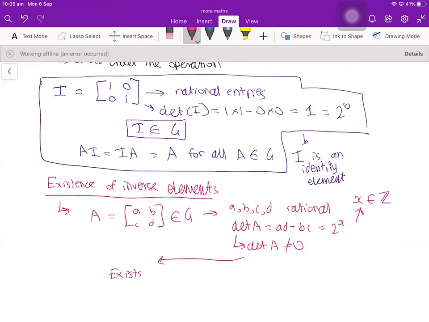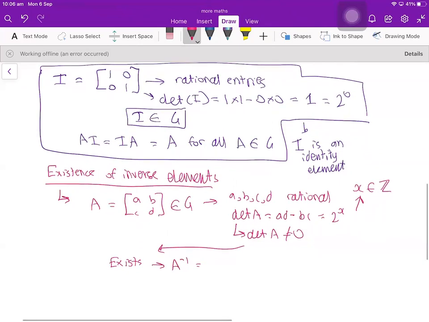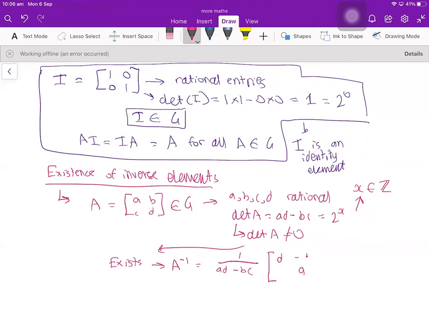So the inverse of a 2 by 2 matrix is 1 over AD minus BC, and we have D, negative B, negative C, A over here. So that's going to be our inverse matrix.